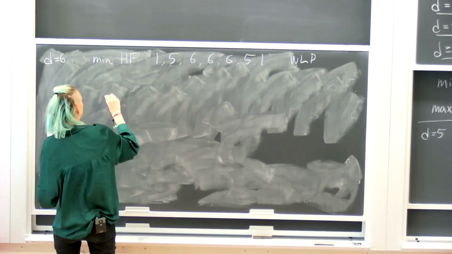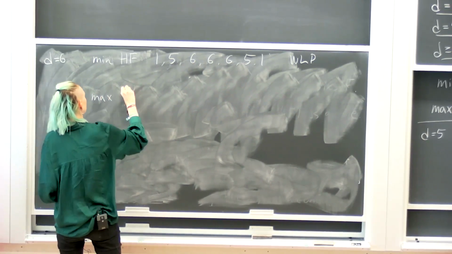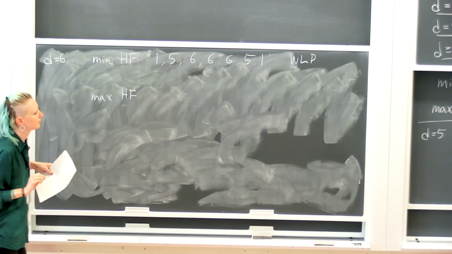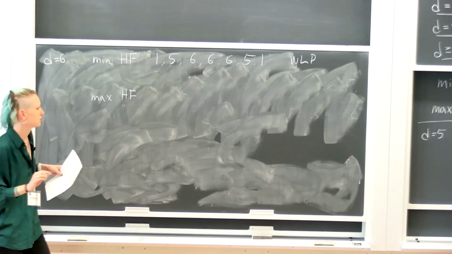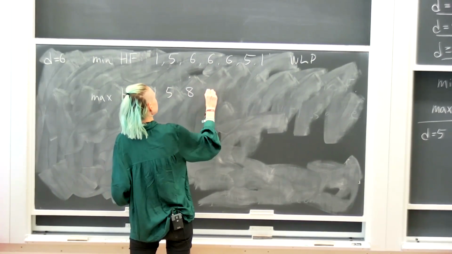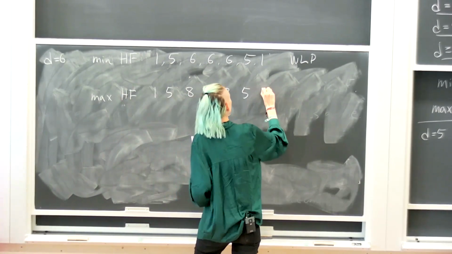And then we have a maximal, which is now, d plus 2 is 8. So the maximal will be 1, 5, 8, 8, 8, 5, 1.